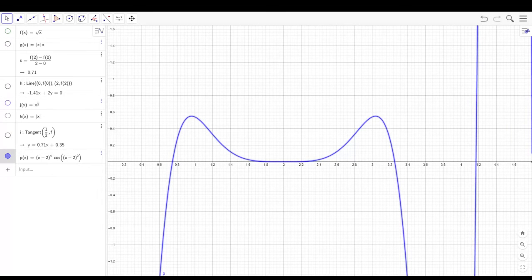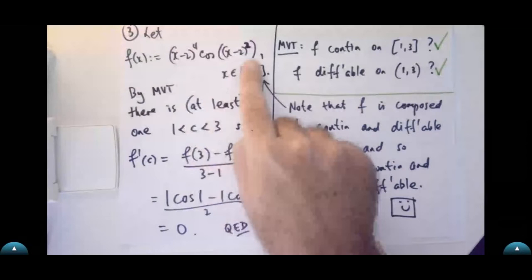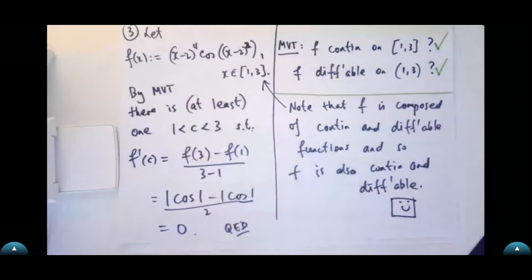Amelia, the question is why is it that we didn't have to differentiate? Okay, so that's a really good question. So let me just go back. First of all, this is not a nice function to differentiate, right? So we want to work smarter, not harder.